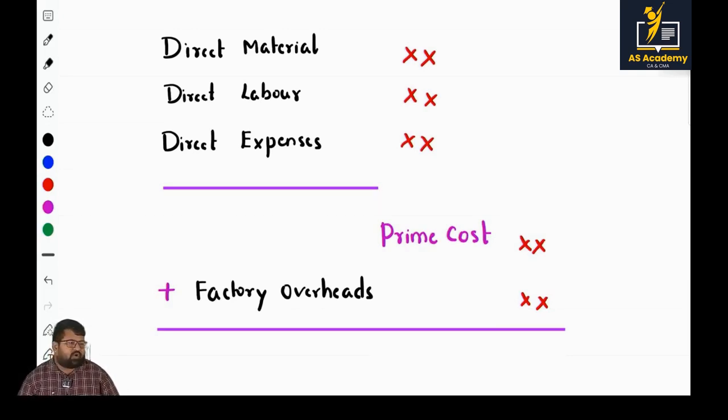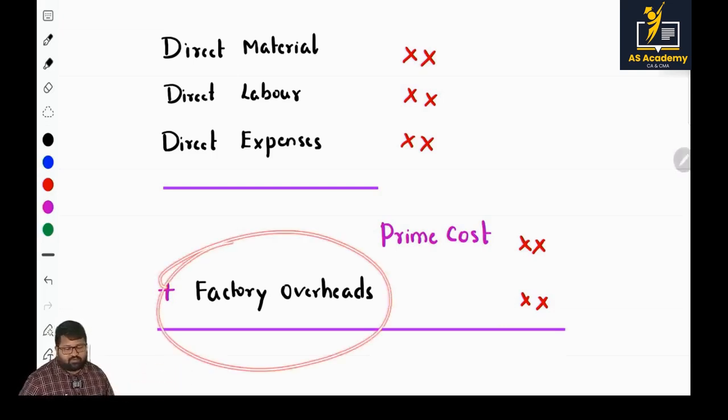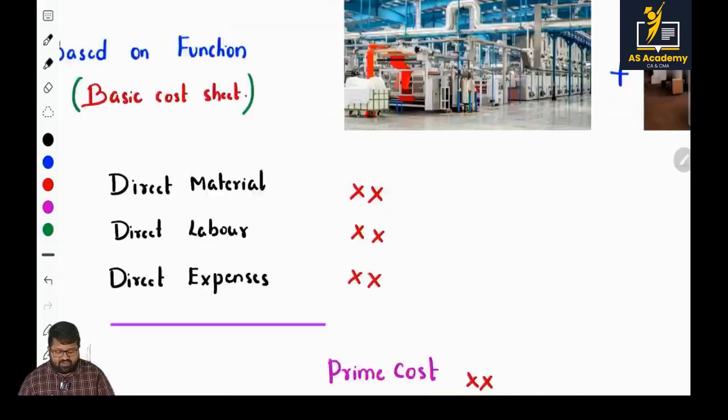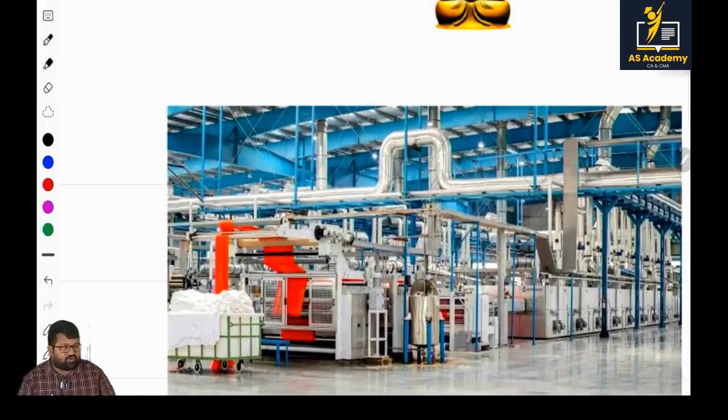So to prime cost, we are adding what? Factory overheads. What is the end result? In the factory, what are we doing?